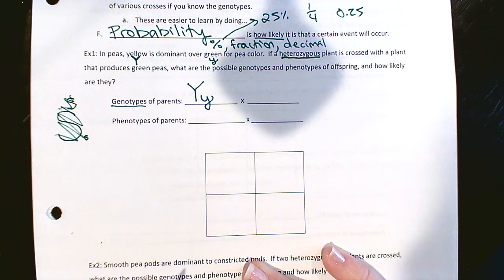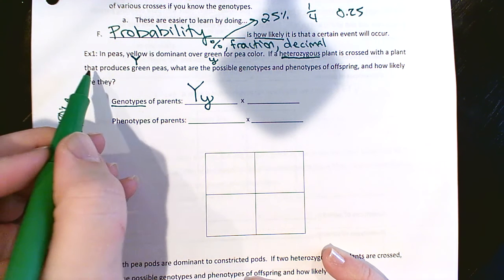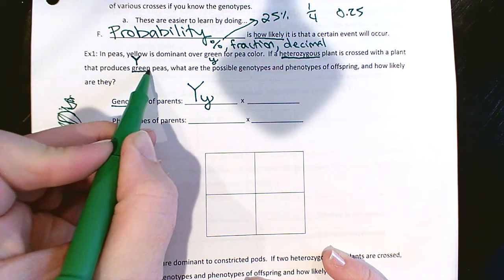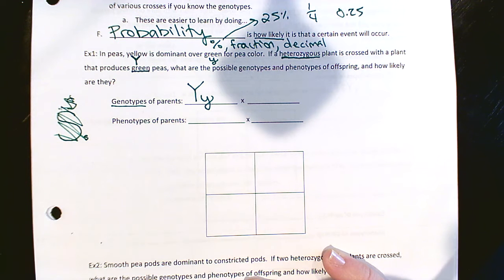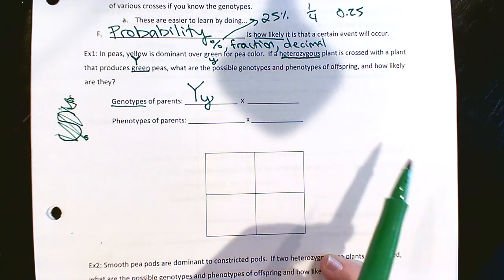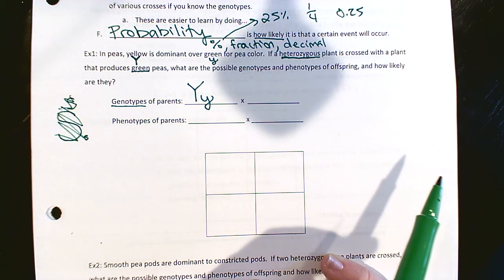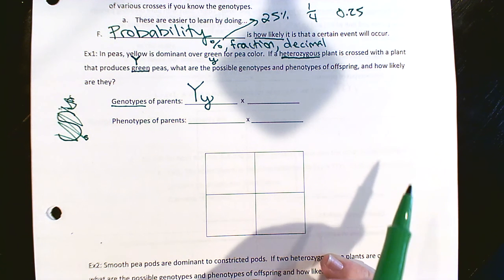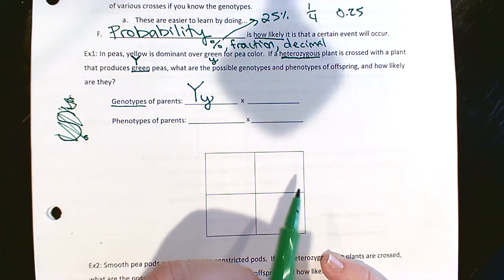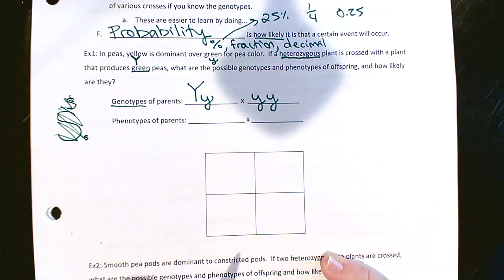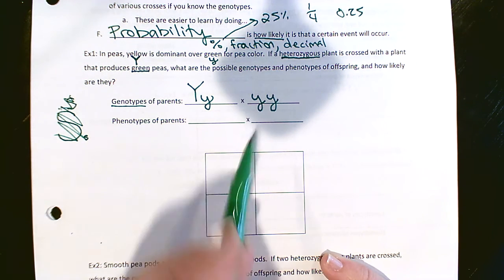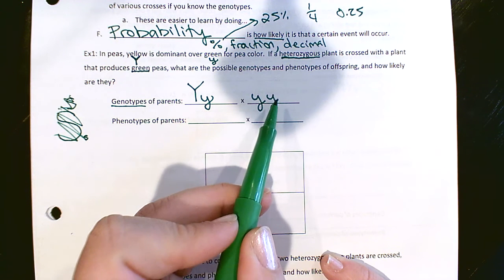It's crossed with a plant that produces green peas. Green is recessive, so the only possible genotype that would show the green recessive version is if there are no dominant alleles around. So it has to be lowercase y, lowercase y. That's the only thing that makes sense if it produces green peas.